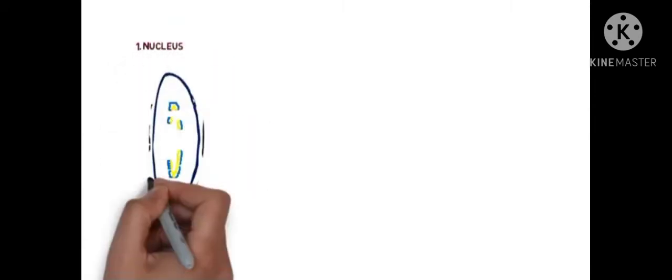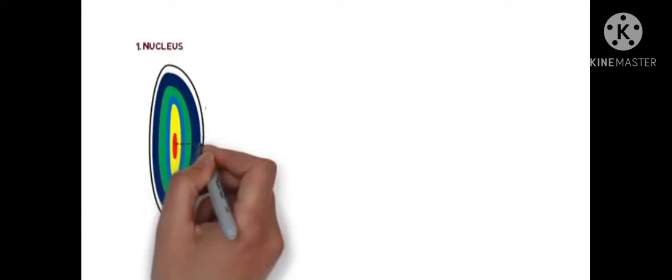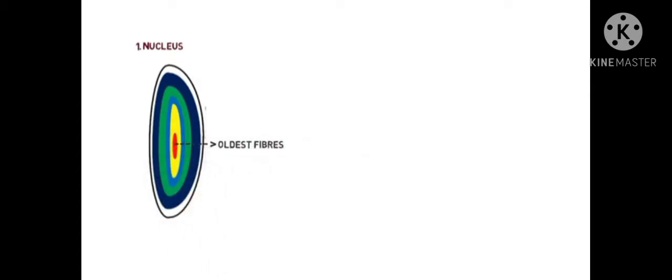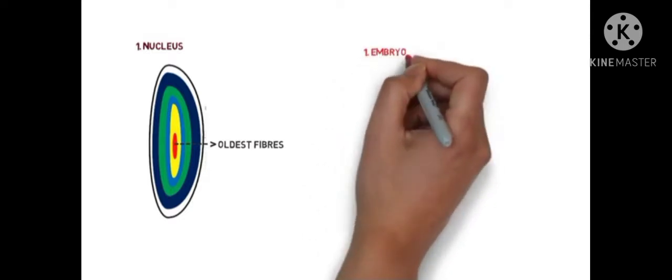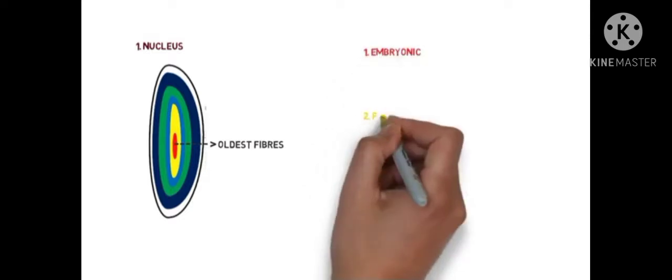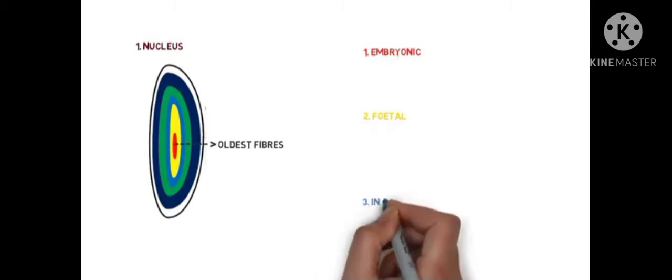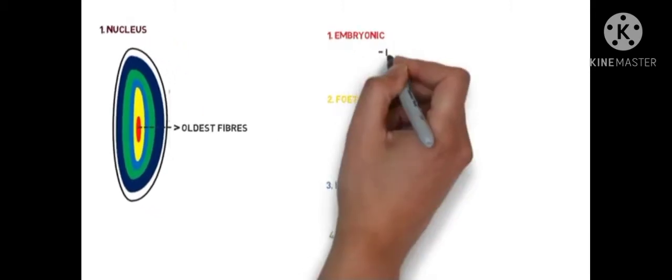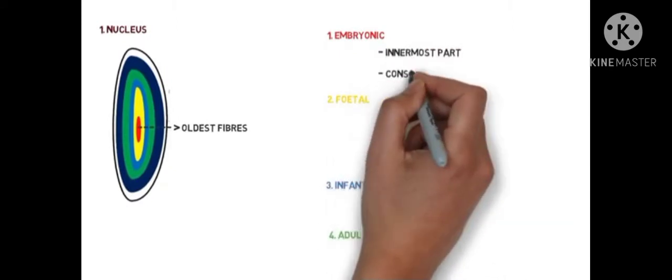First we are going to study the nucleus. The nucleus consists of different zones and at the central part the oldest fibers are present. Depending upon the period of development, the different zones of the lens nucleus include embryonic nucleus, fetal nucleus, infantile nucleus, and adult nucleus. The embryonic nucleus is the innermost part of the nucleus.